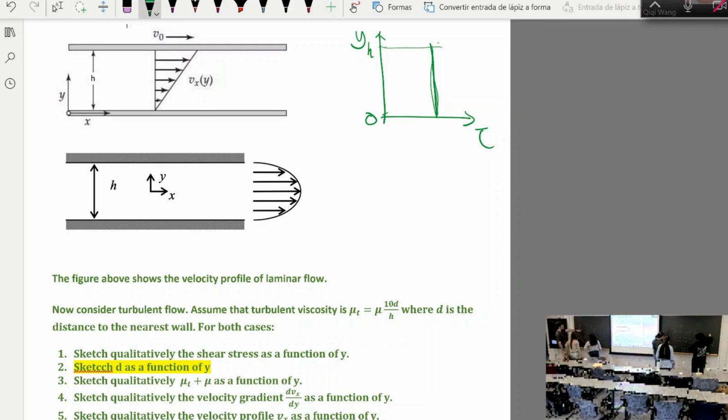So for a given time, we would have this, which is this. Oh, the question said to sketch it as a function. Because how else would we get the du dy?